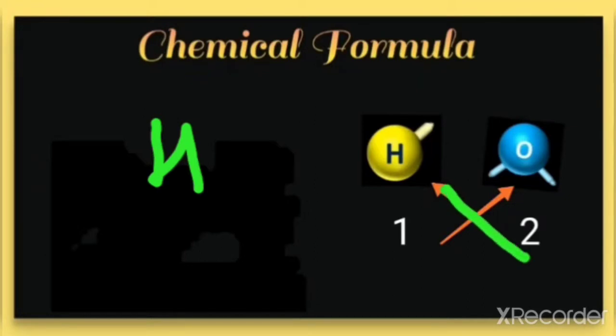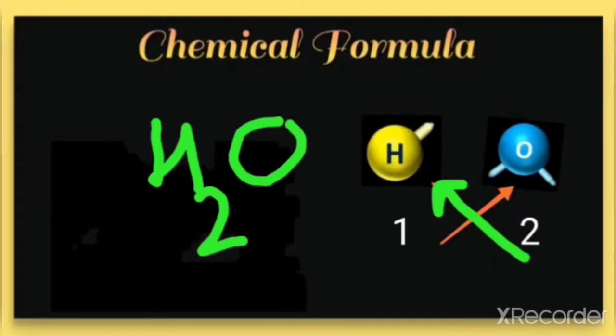Now 2 for hydrogen, so we write a subscript 2 for hydrogen. For O, you can see 1 goes for O because we are crossing over here.